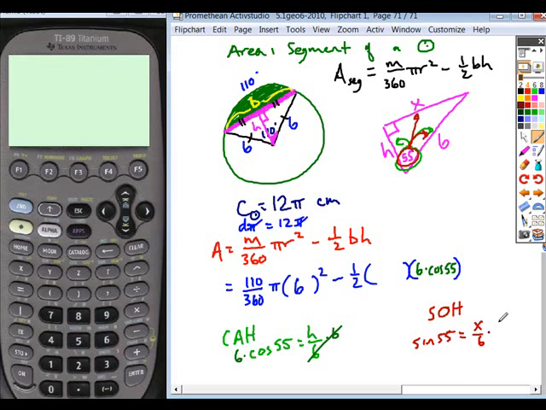So we can solve for x by multiplying both sides by 6 once again. Okay, so 6 times the sine of 55 is x, but now what was x? x is half of b, so what do we need to multiply that by? 2, right? We need to have 2 of those x's.